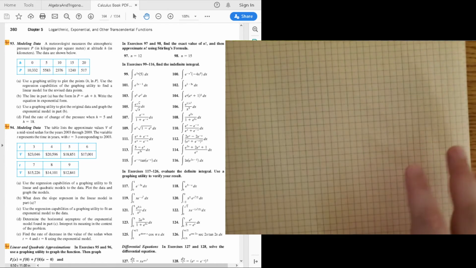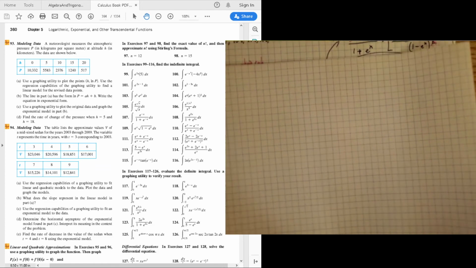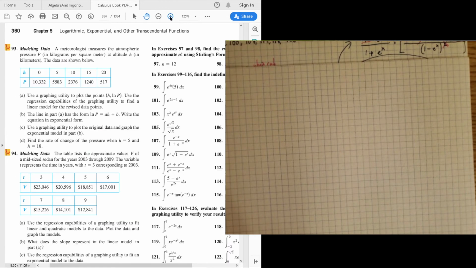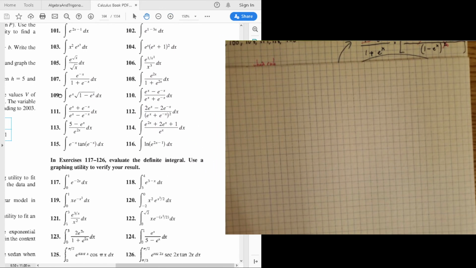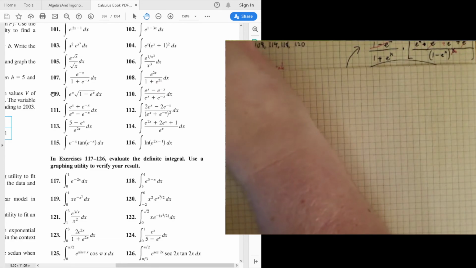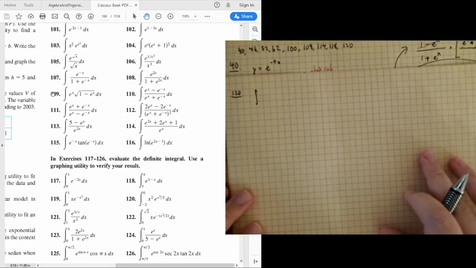Number 120 is interesting. Let's take a look. Number 120. I'm going to zoom in just a little bit. Here we go. It says 120. Integral, oops, off the page.